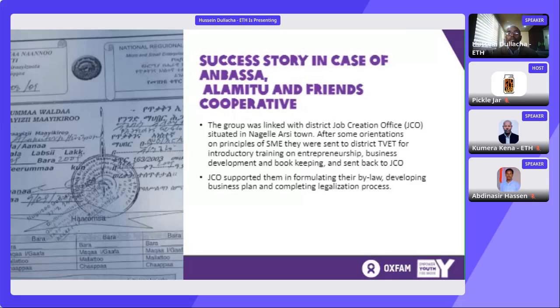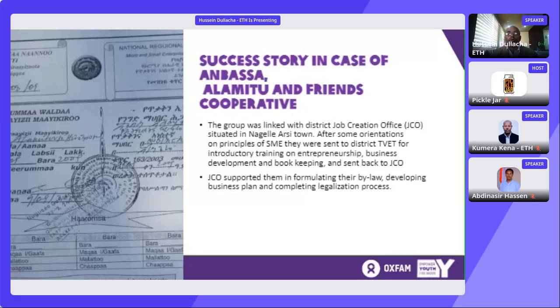Job Creation Office was responsible for organizing and licensing the youth groups or enterprises. And as a follow-up, introductory trainings on entrepreneurship, business development, and bookkeeping were given by the mentioned government offices.